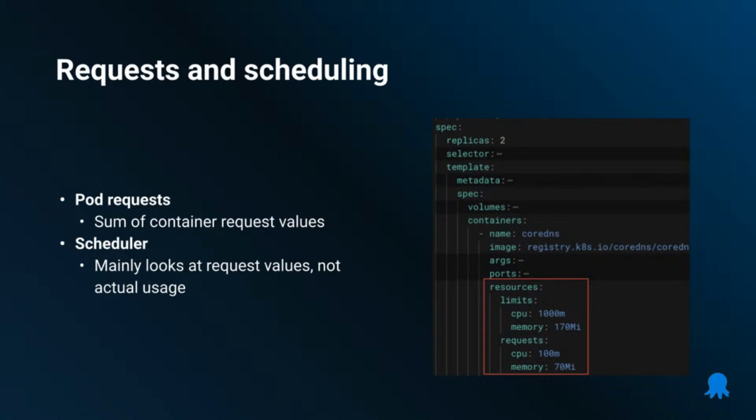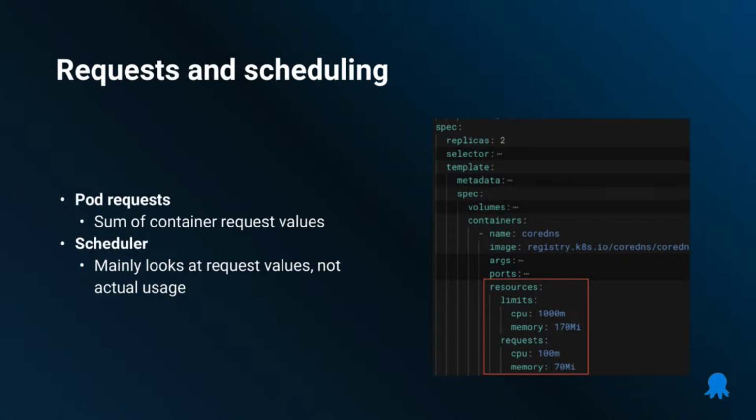The scheduler won't schedule a pod onto a node if the free capacity of the node is less than what's requested. What's interesting here is that the free capacity is determined by the request values of all the pods on the node and not what the pods are actually using. So this means that if you're requesting more than you use consistently, then the nodes will likely be underutilized.